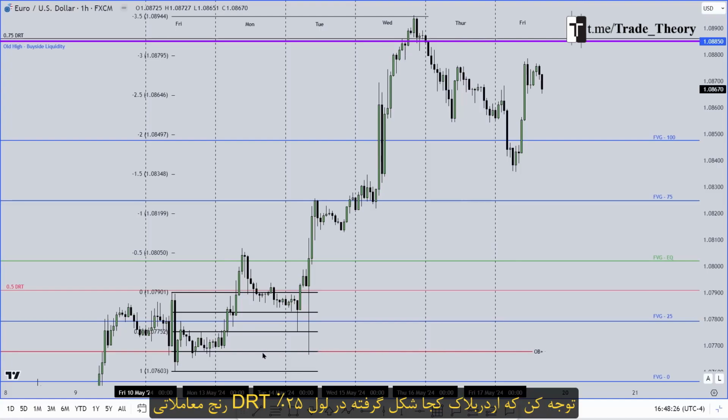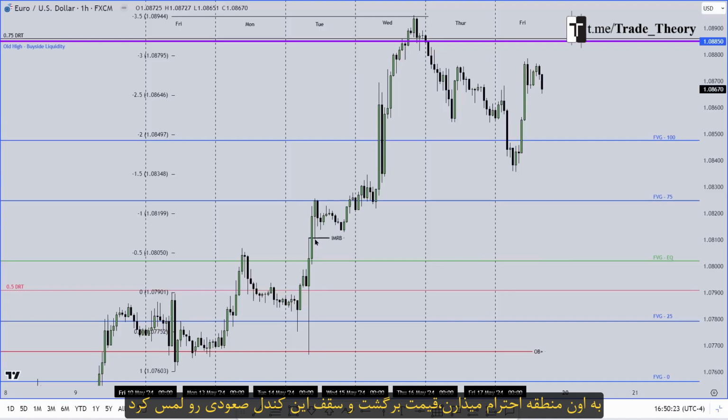And notice where that daily order block sits, at the 25 DRT level of this dealing range. And then price really runs away, tapping 75% of that daily fair value gap, and you can see the bodies there respecting that area. We run back lower, touching the high of this up close candle. This is known as an immediate rebalance.